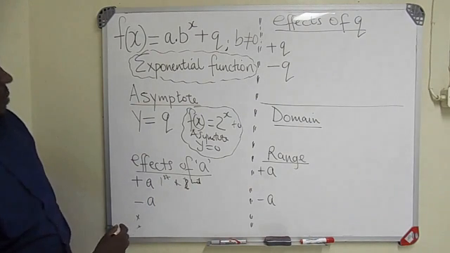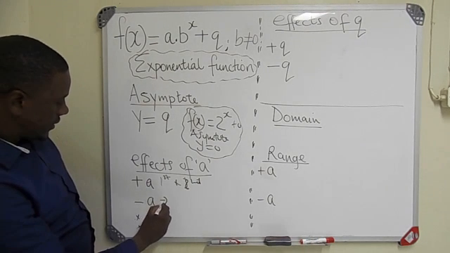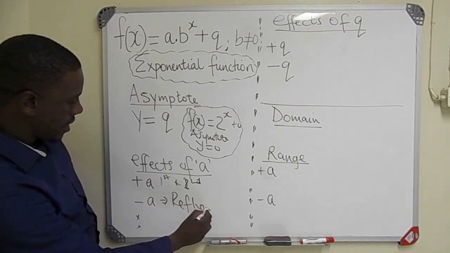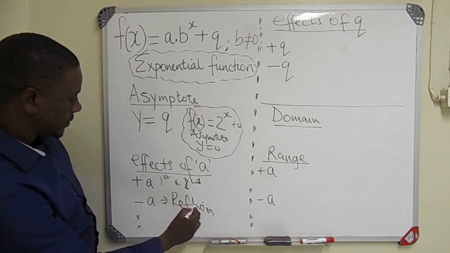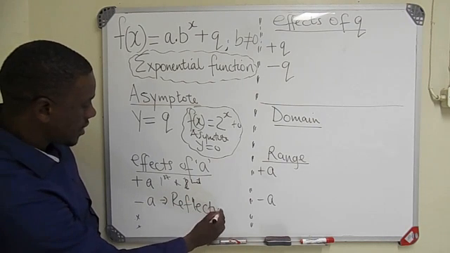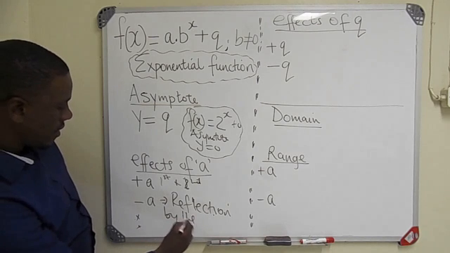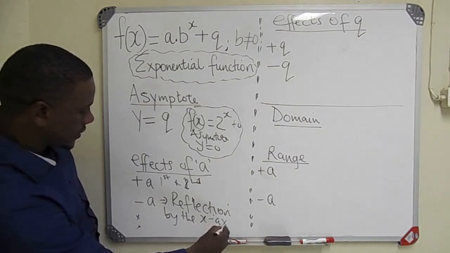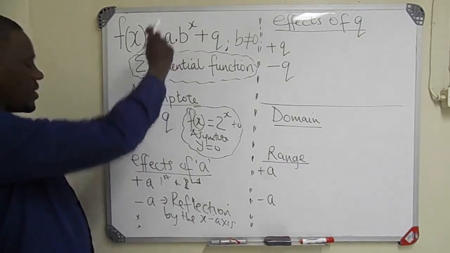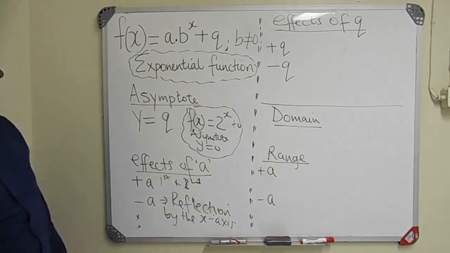Now when there is a minus, a is minus a, it indicates a reflection. It's a reflection by the x-axis. So once you see a minus, it means your function has been reflected by the x-axis.